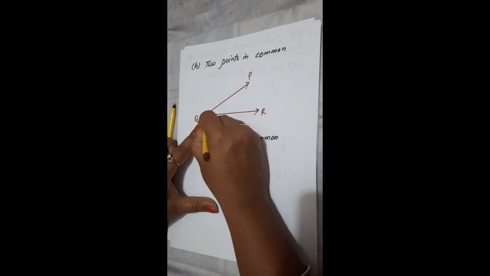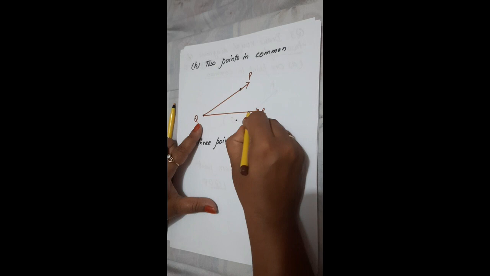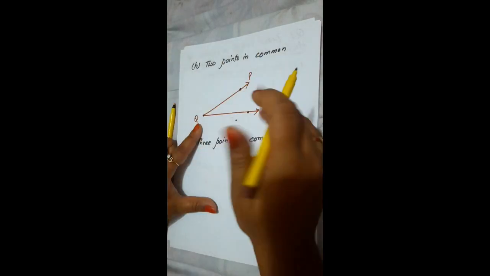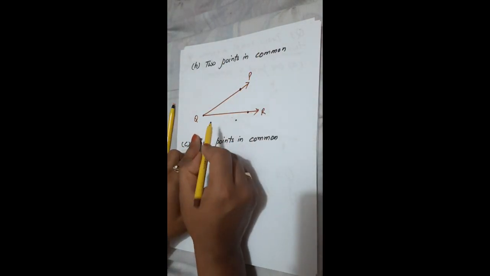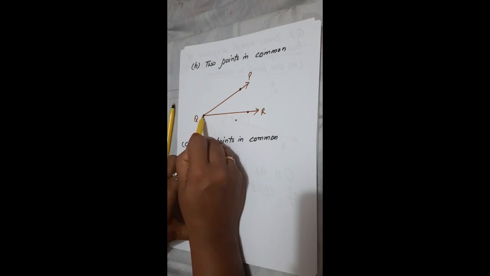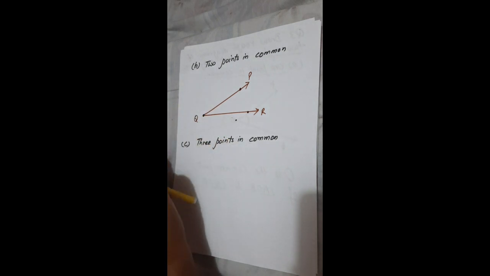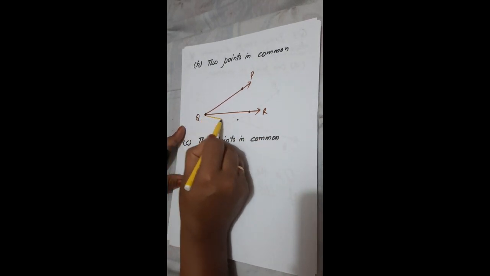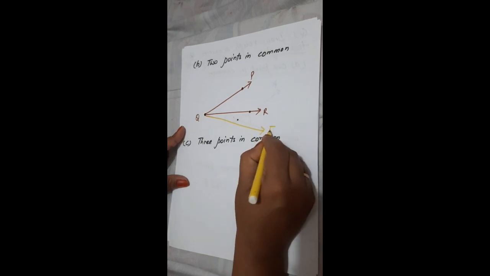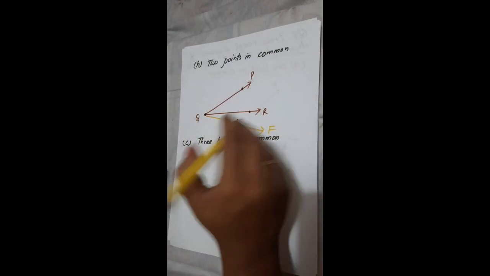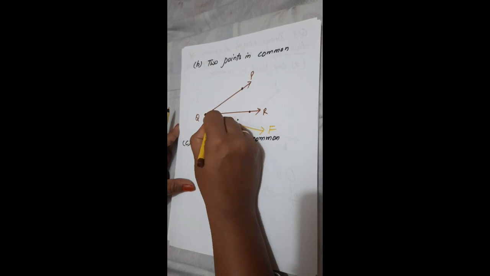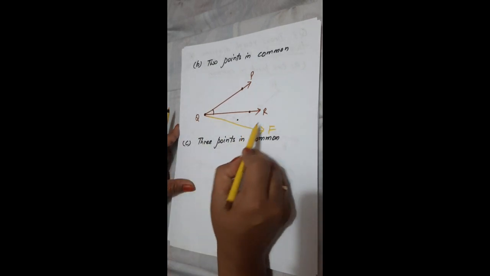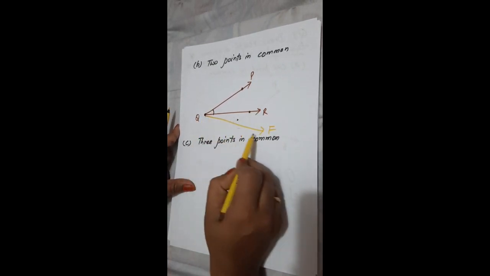You have to draw the second angle also, so that 2 points are common. If from this point I draw another angle like this, F. Okay, my first angle is PQR and my second angle is RQF.